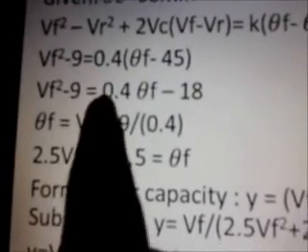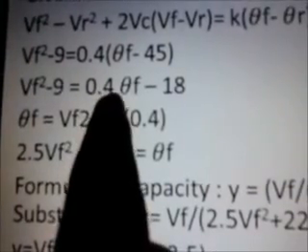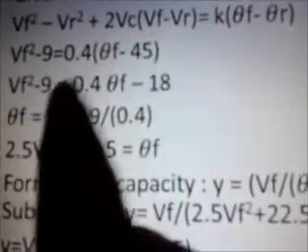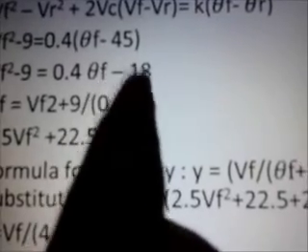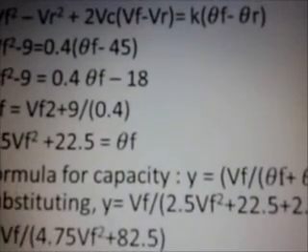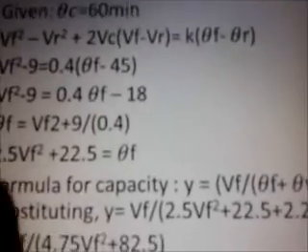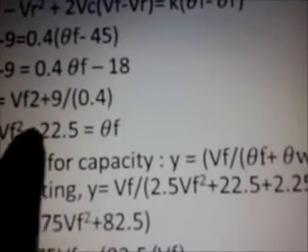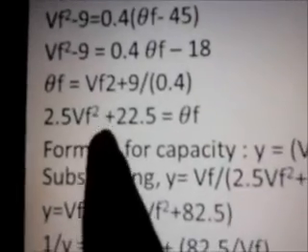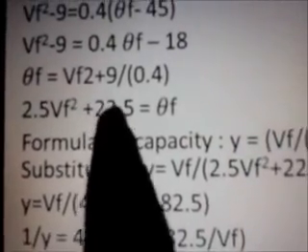Bf squared minus 9 is equal to 0.4 theta F, by distributive property, minus 18. So simplifying the formula, we will now have theta F is equal to 2.5 Bf squared plus 22.5.